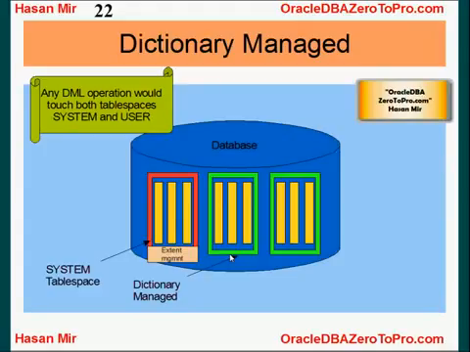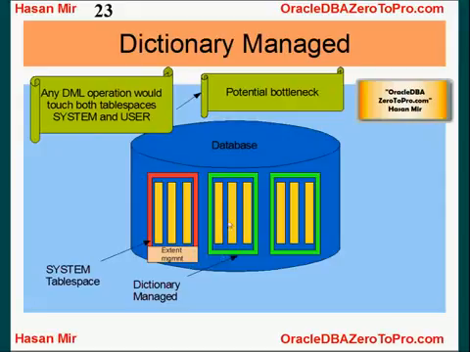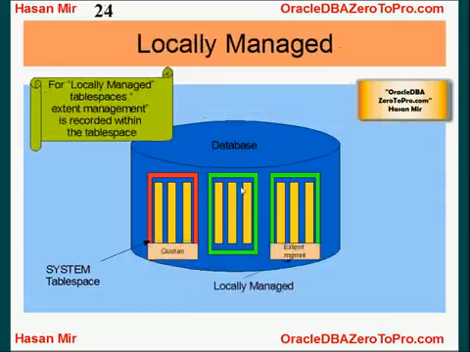So if any DML operation is being performed on any object sitting in this user table space, which is a dictionary managed table space, then the system will have to touch both table spaces, because the system table space will be touched to read the extent management information, like where should the new records be created, etc., and then eventually the original table space will be touched so that the operation can take place. Okay, so this can result in a potential bottleneck.